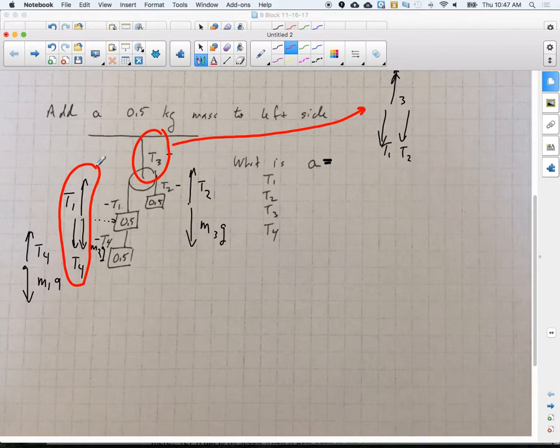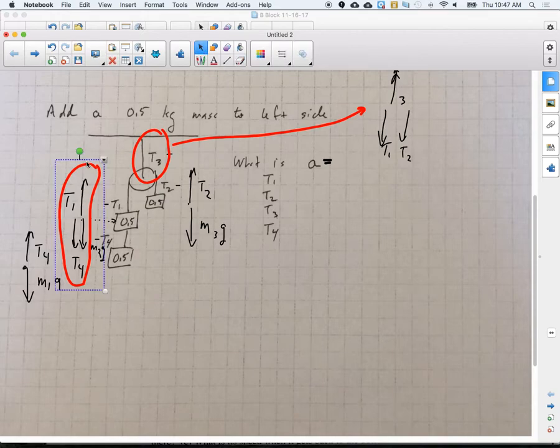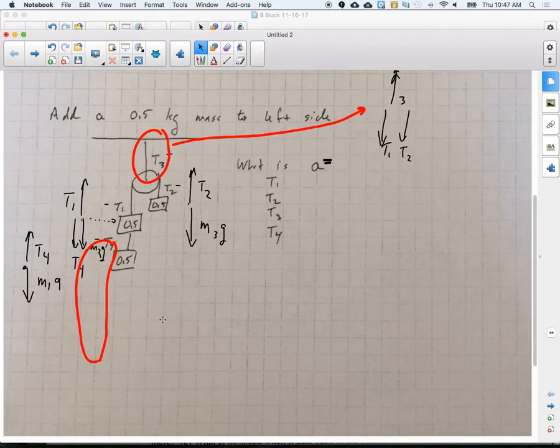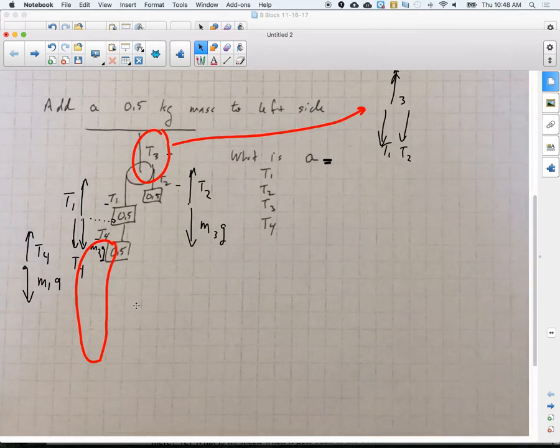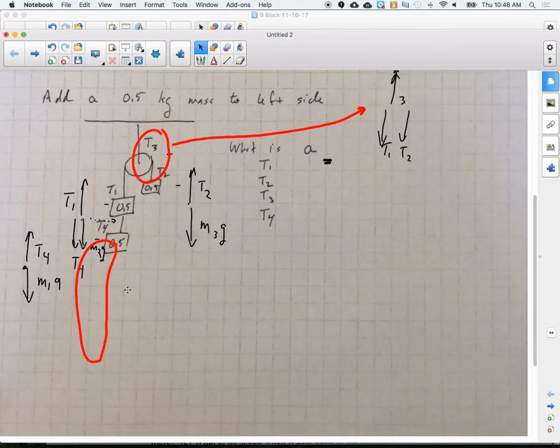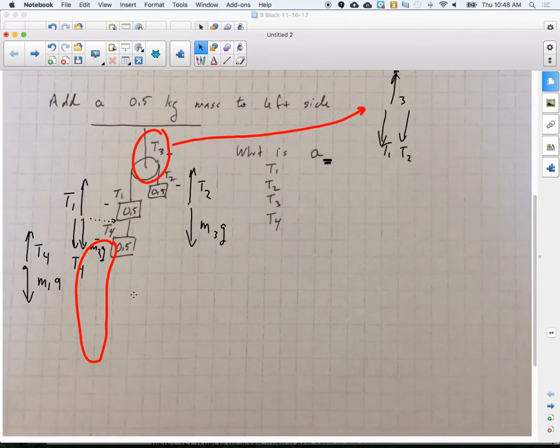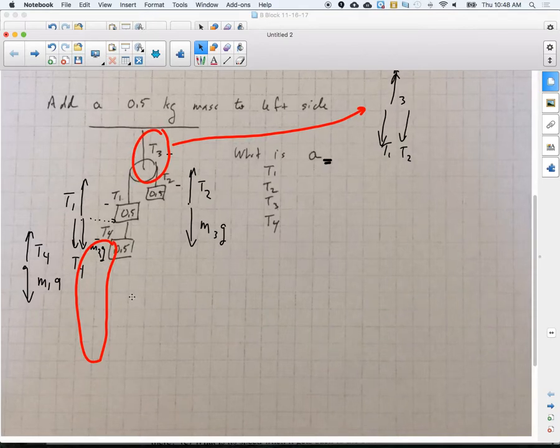This is piece M2, right, and it has those forces acting on it.